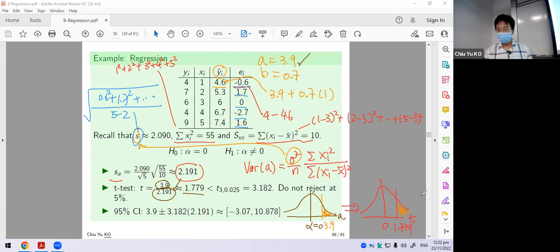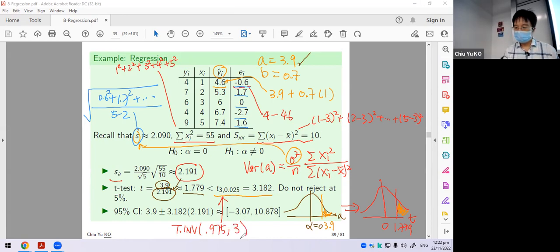And here I use the critical value method. I check the critical value, because it's a two-tailed test. The critical value is 3.182. Just to remind you, by now you should know how to do it, but you have to use T.INV at 0.975, with 3 degrees of freedom.